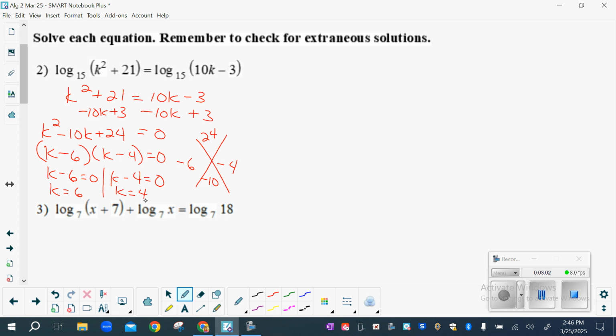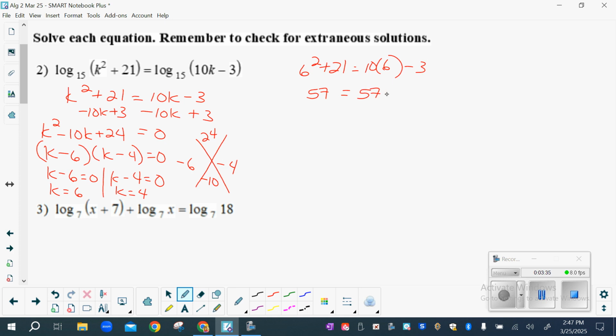So we want to check and make sure that this is going to work. We plug in a 6, square it. 36 plus 21 is 57. And we get 57 equals 57. So the 6 works.